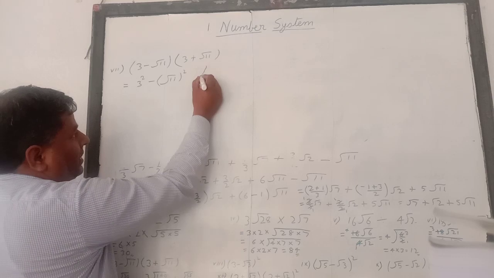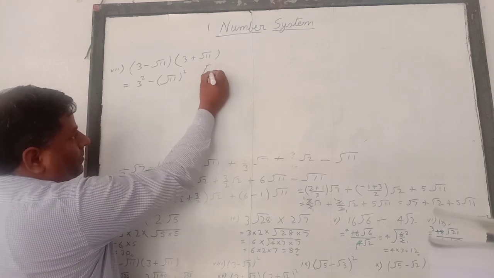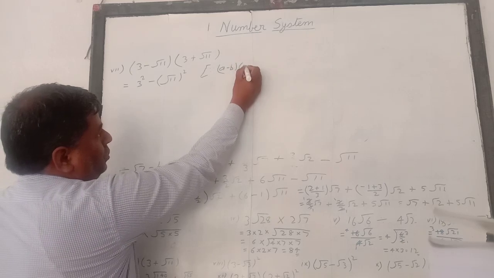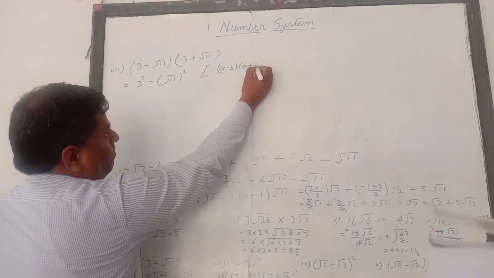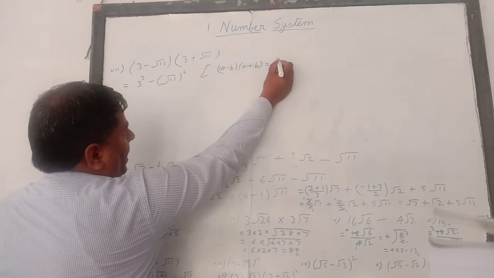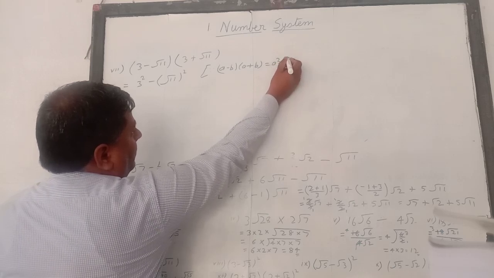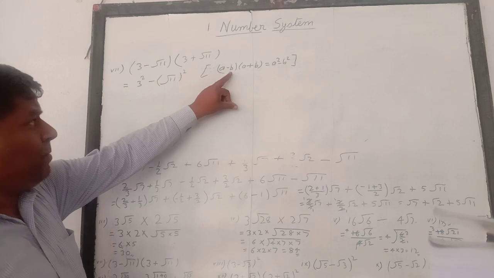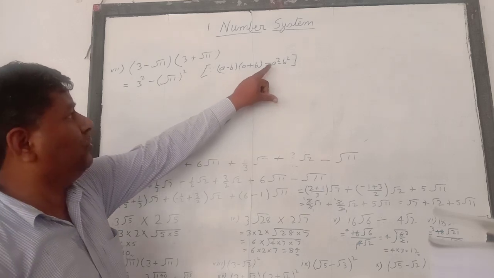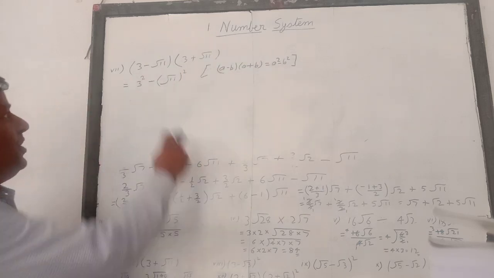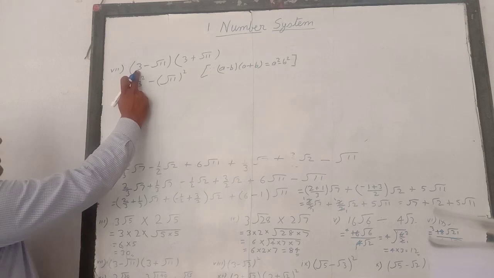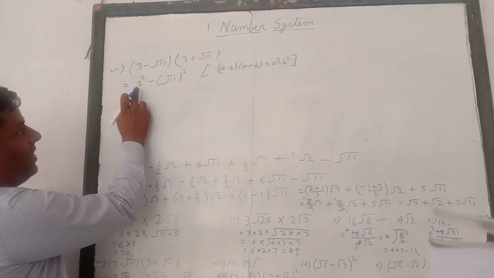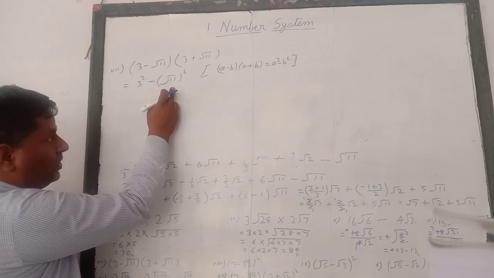So we can write the identity here: (a minus b) into (a plus b) is equal to a squared minus b squared. So we are using this identity. So we can write this as 3 squared minus root 11 squared.